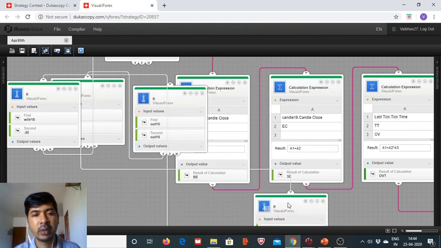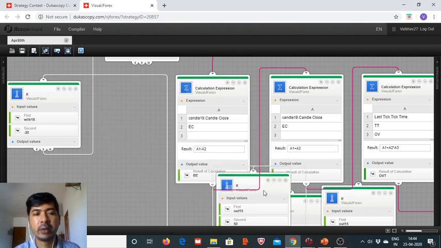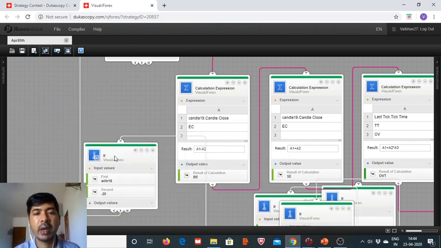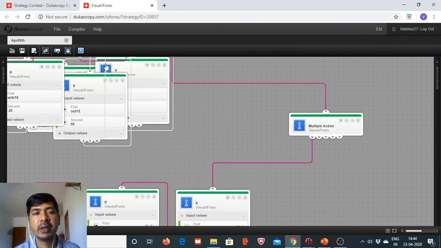So the initial requirements using the RSI and the Williams R have been well defined.